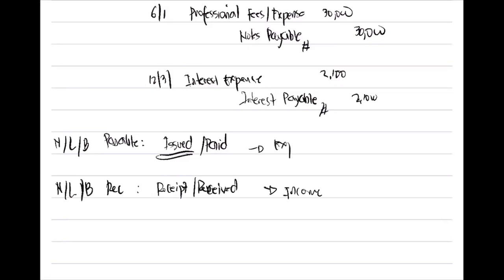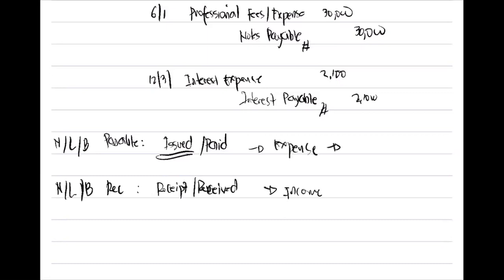But if ever notes, loans, or bonds receivable, dito naman there must be a receipt or receive. Okay. So pag nakalagay dun sa problem na receipt or receive note, ibig sabihin meron kang receivable. So kung may receivable ka, meron kang income. Kung may payable ka, meron kang expense.